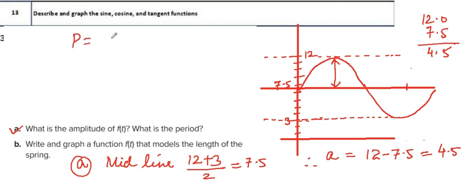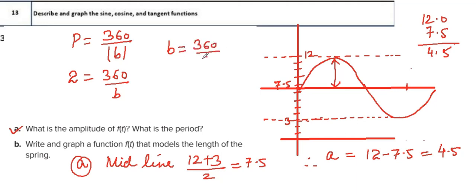Period for sine and cosine is 360 divided by b. Period is given as 2, so 360 divided by b; simplify, 360 divided by 2, which is 180. 180 means pi radian.